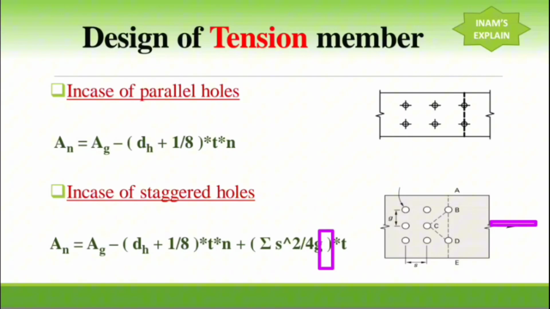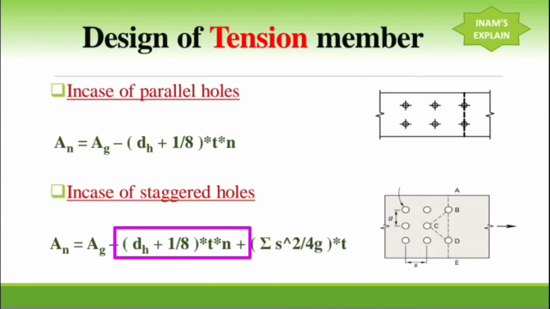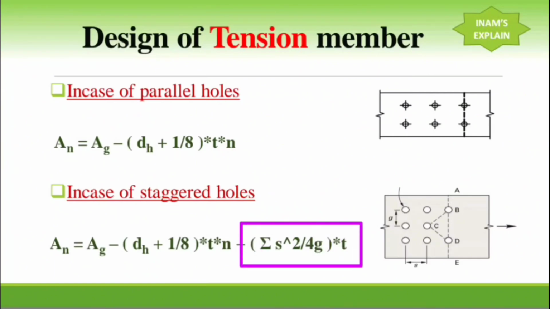In the transverse direction, where the force is applied in this direction, the transverse center to center length between the two holes is called the gauge. So the net area will be the gross area minus the area of holes in the failure plane. Remember, this is the area of holes in the failure plane. Then we add this additional factor, the summation of s squared divided by 4g, times t.